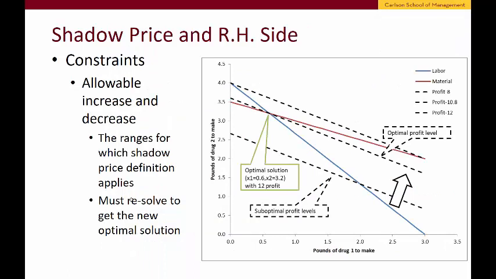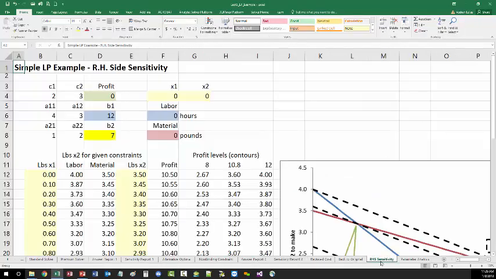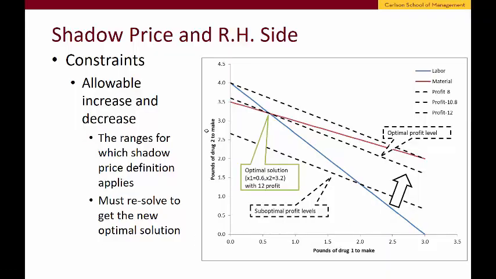Next we're going to switch to the Excel file and a sheet called right hand side sensitivity. Notice that we will increase the right hand side for material, right here, from 6 to 7 pounds in that bright yellow cell there, which is within the allowable increase for that particular right hand side. So we must resolve to get the new optimal solution, which you will see in a second is 0.6, 3.2.